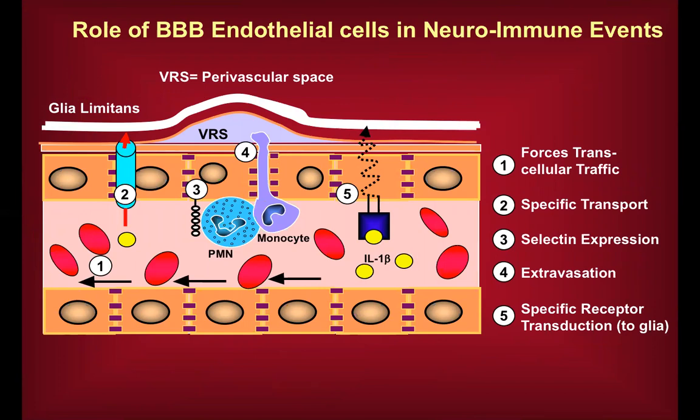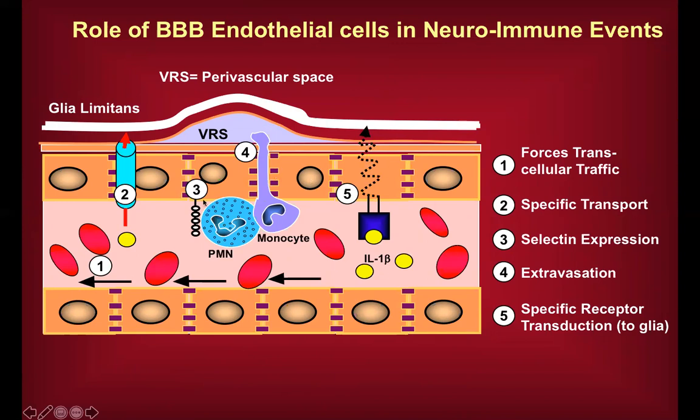This is transcellular traffic, and this is the flow of the blood. The red here are the red blood cells. Now, if you have high levels of cytokines in your bloodstream for some reason, you're going to have cytokine receptors within the endothelial cells that transmit signals across. We'll talk in pretty good detail about how this happens.